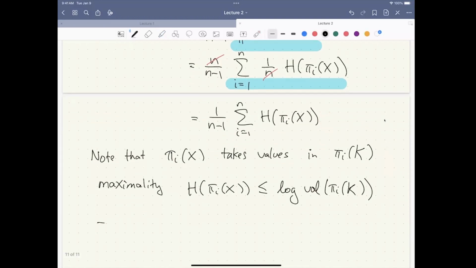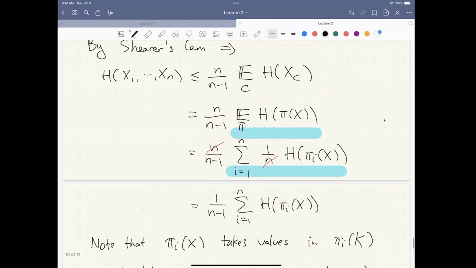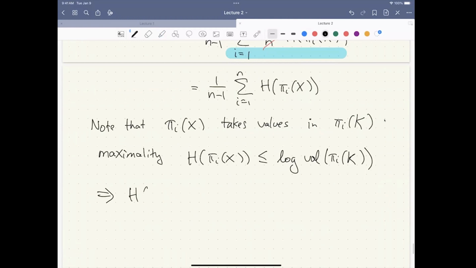So this implies, let's write down this guy. H of x is at most 1 over n sum I from 1 to n of log volume of pi I K. This is precisely what we need to prove. We are done. Any question?